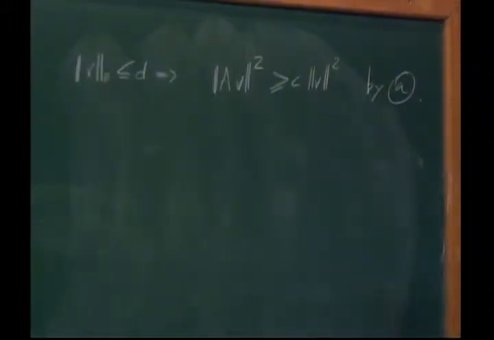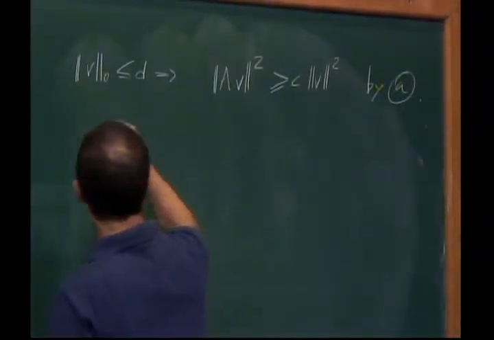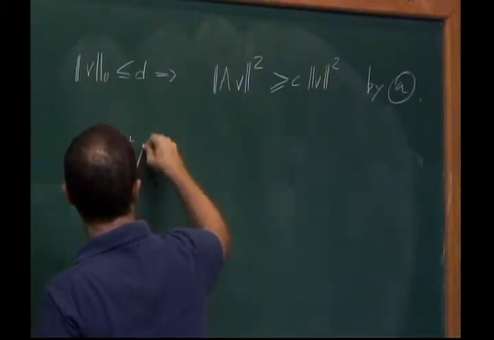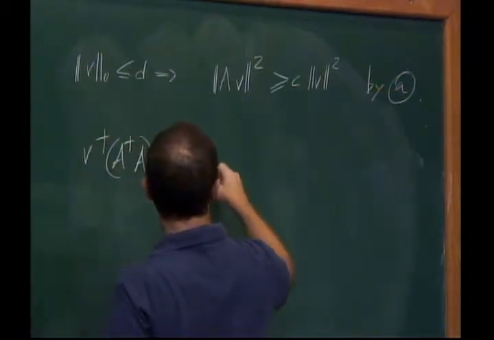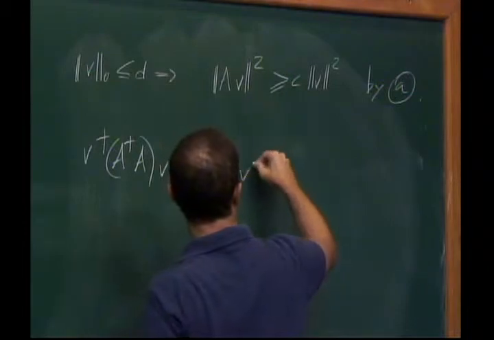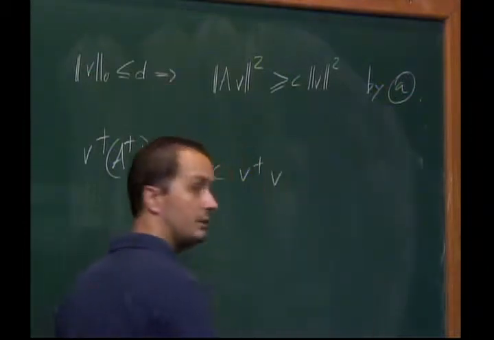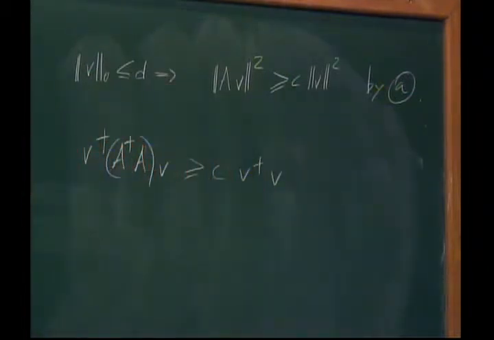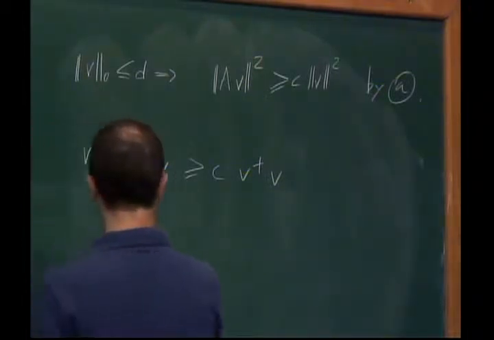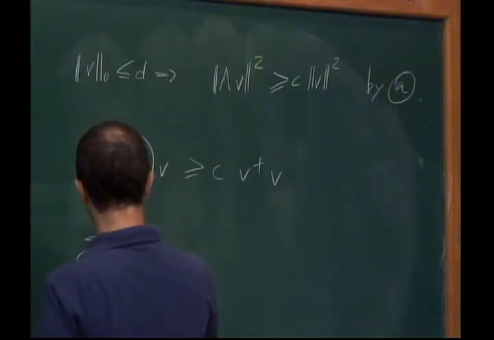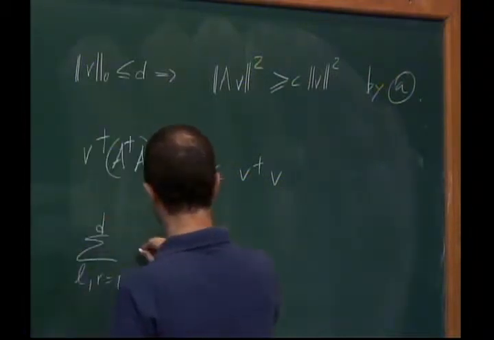We have that V inner product A transpose A V is greater than c times V transpose V. And V is a sum, so I'm just going to write this in terms of a sum over l and r going from 1 to d.